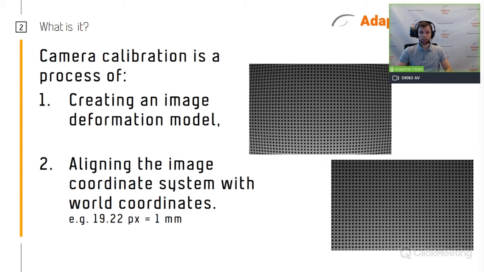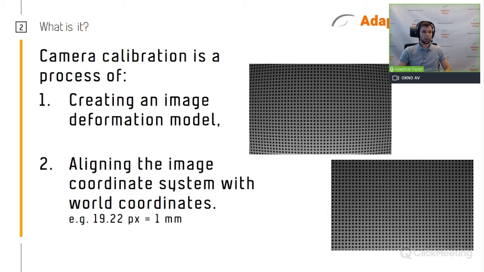You can see that on the right side of our slide, that the objects on the top image are not along the straight parallel lines, but rather the objects are at some kind of arcs.